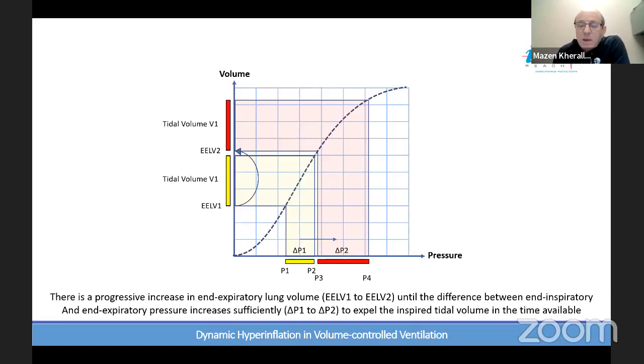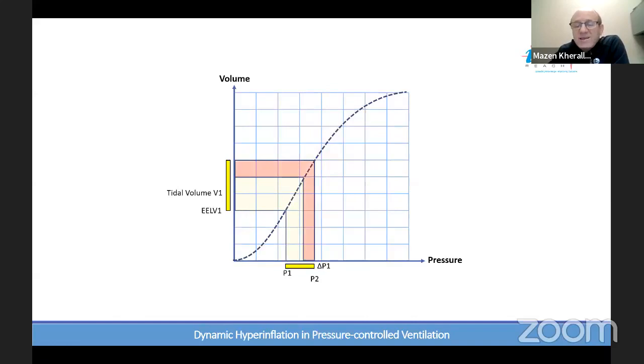Of course, in volume control it is the driving pressure that stops the auto-PEEP. In pressure control, it is the lesser tidal volume that results from auto-PEEP. When the auto-PEEP happens in pressure control, the driving pressure goes lower. Then the tidal volume goes lower and lower, and that actually gets to a level where, because it's such a small tidal volume, we're not air trapping anymore.